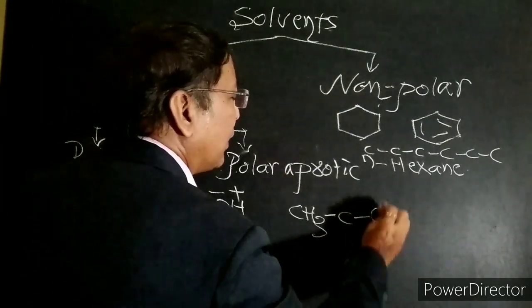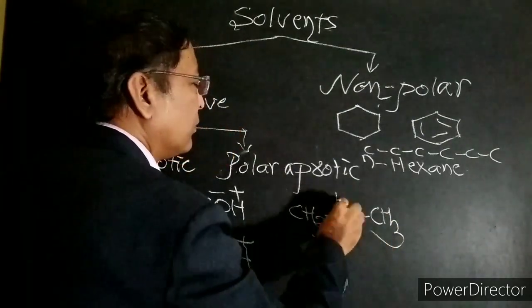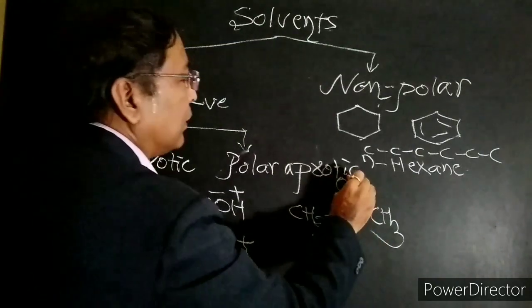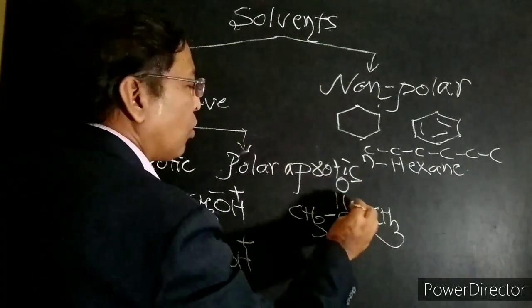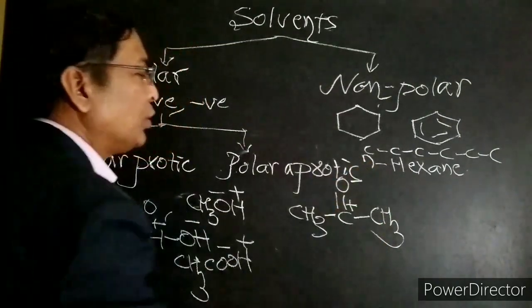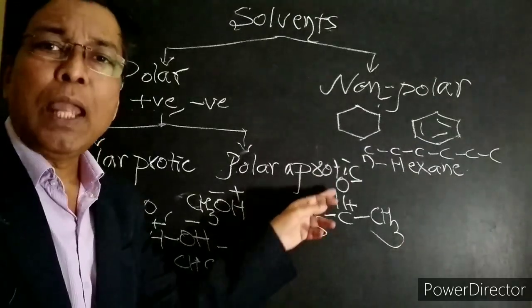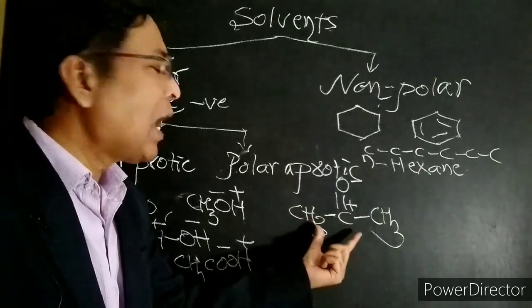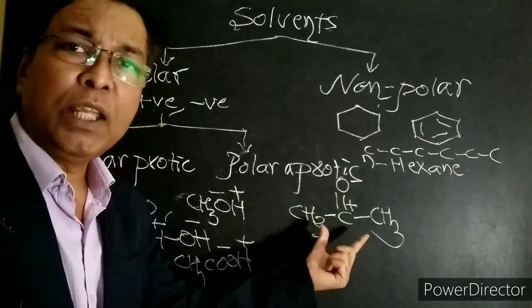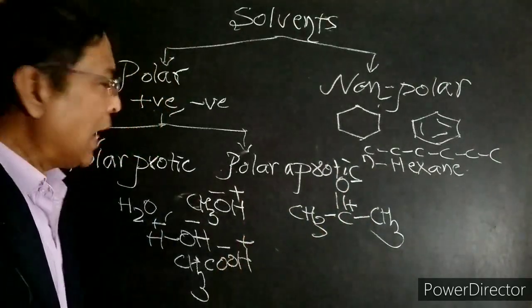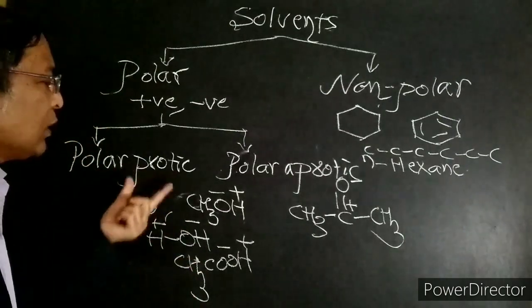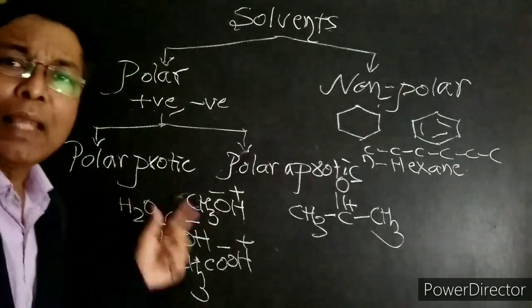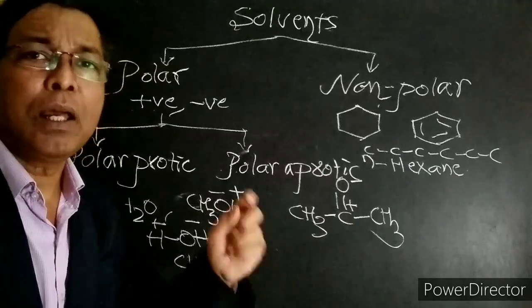For example, acetone: this has negatively charged oxygen and this end is positive, but it cannot produce H plus ions. So this is a polar but aprotic solvent. Immediately we have to guess that when a polar protic solvent is used in the reaction, then that reaction follows SN1 mechanism.